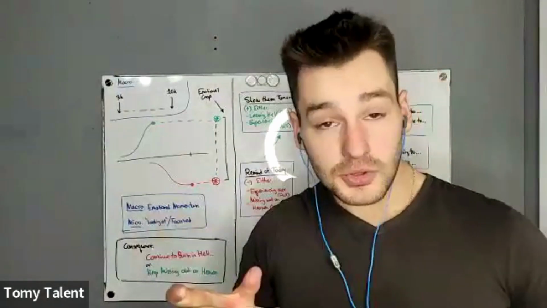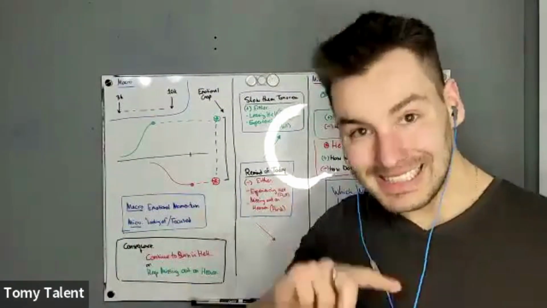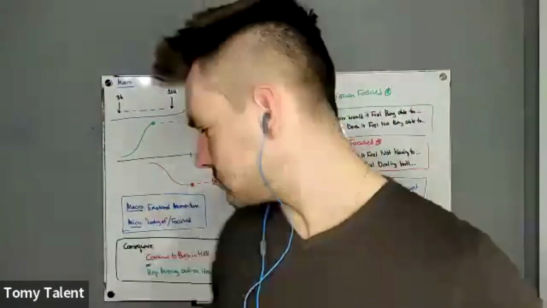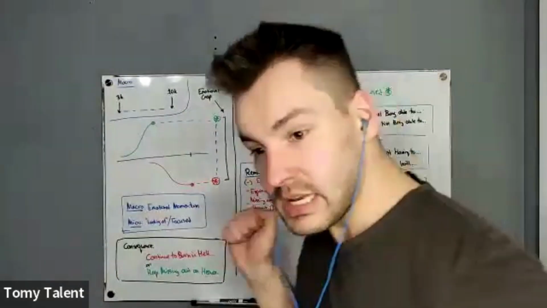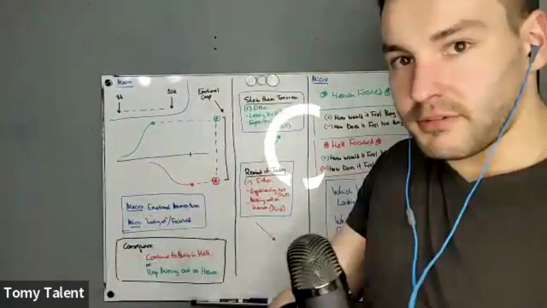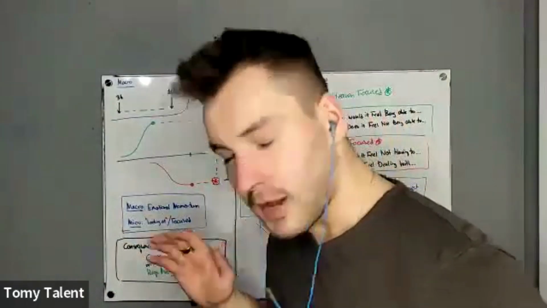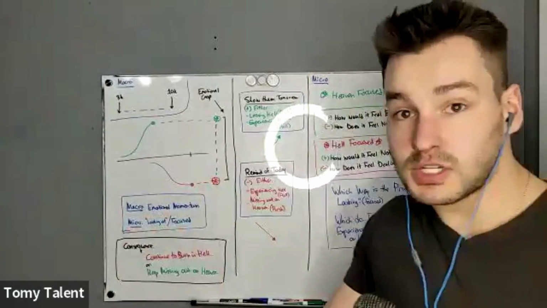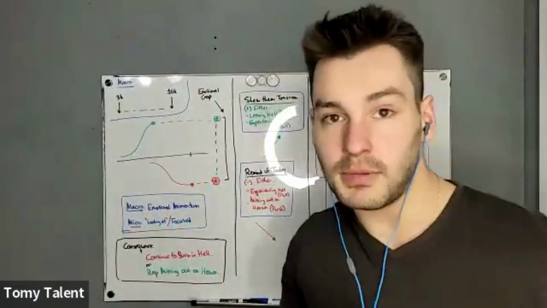What you can also do is talk about leaving hell. So in this capacity, it'd be pushing away from hell, when you don't have to be stressed about the finances anymore, when you don't have to worry about buying your kids Christmas presents because you actually have enough money in the bank.